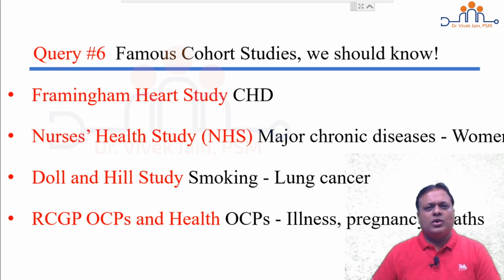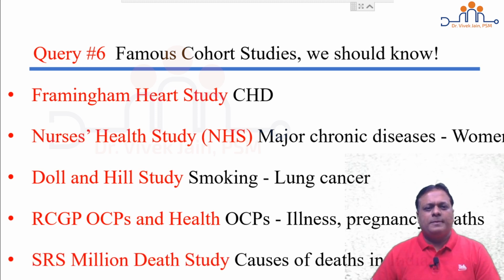RCGP, Royal College of General Practitioners, London, oral contraceptive pills and health study, where OCP was taken as a risk factor, and we looked at illness, pregnancies, and death among the participants to see the outcome. SRS Million Death Study of India, sample registration system. This was used to find out causes of deaths in India.